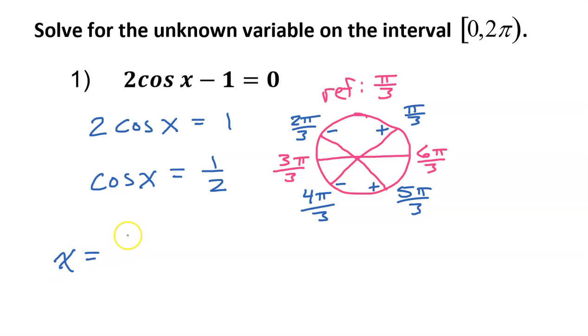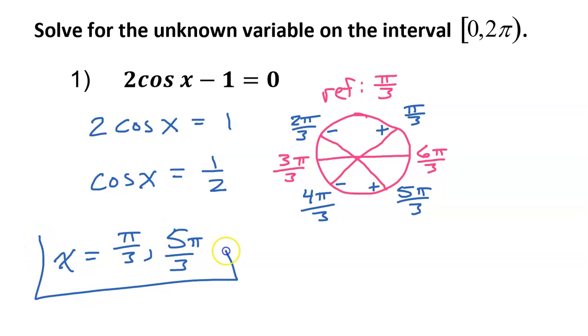So x is equal to pi over 3 and 5 pi over 3. So problem number 1 has 2 solutions. Notice that if this had been cosine x equals negative 1/2, the solutions would have been 2 pi over 3 and 4 pi over 3.